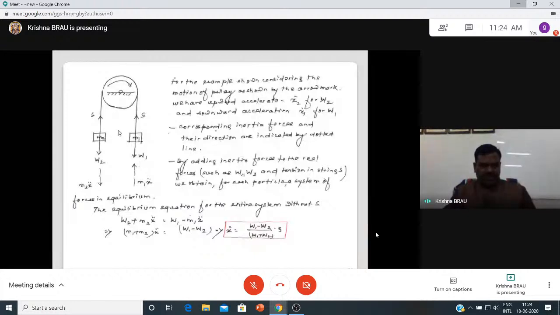There is no mass for the pulley; even though the body is in rotation, we are not considering any mass moment here. Compared with these weights, the mass is negligible. We are only using it to convert rotation into translation.